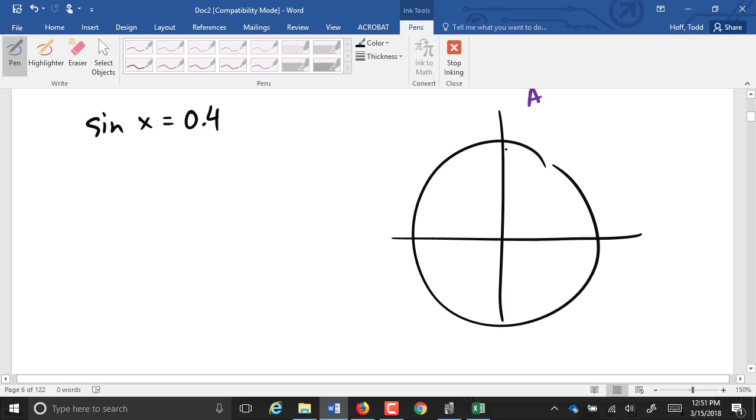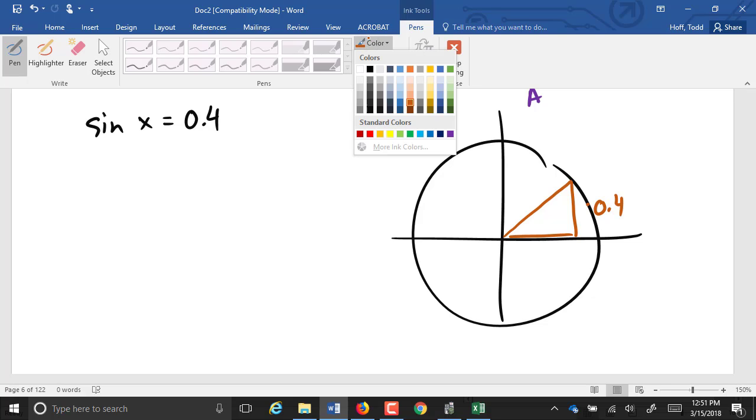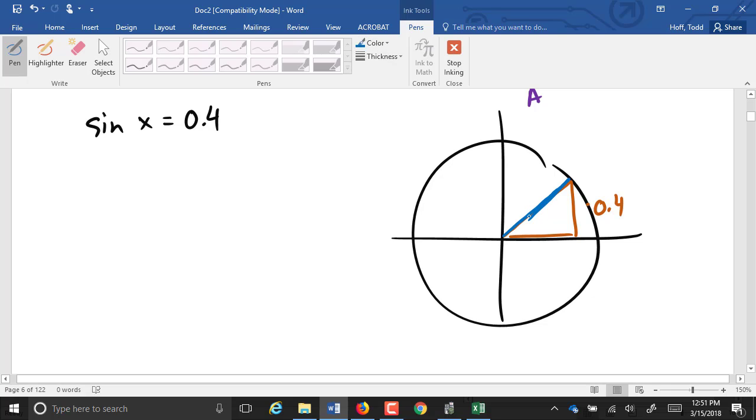You know that on the unit circle, sine of x is 0.4, this side right here, right? That means this side is 0.4. What other side of that triangle do you know? You know the hypotenuse is 1, right? So this here is the cosine of that angle.